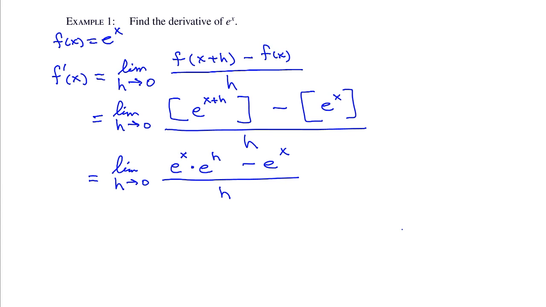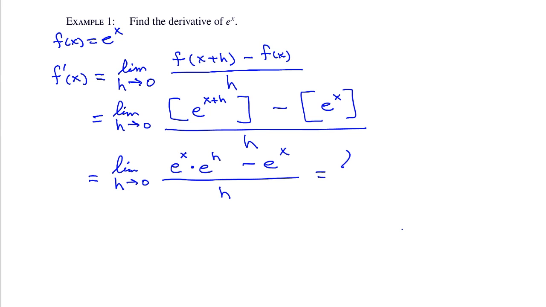Go back and verify: if I start with e to the x times e to the h, then that ends up with e to the x plus h. Does that check out? You end up adding the exponents going backwards.